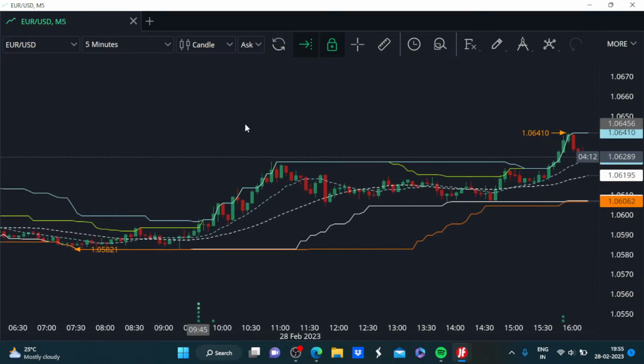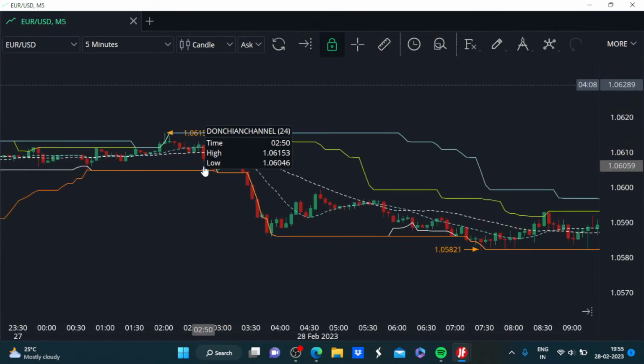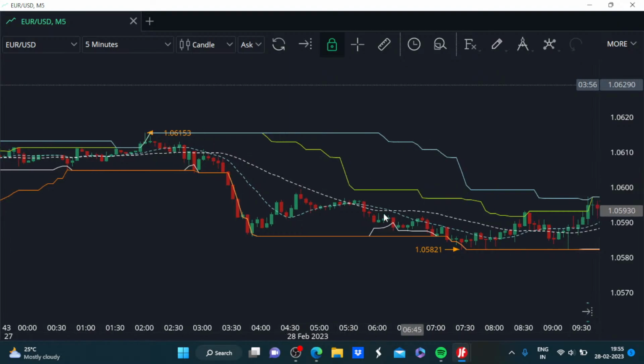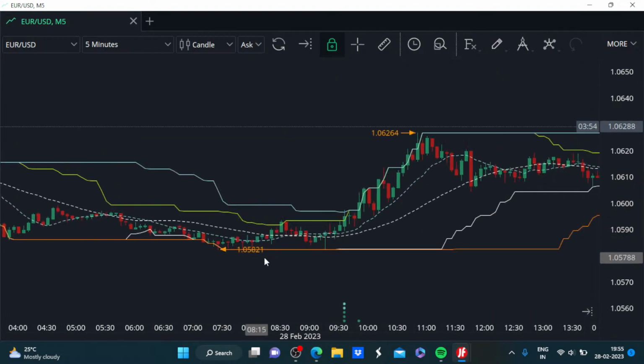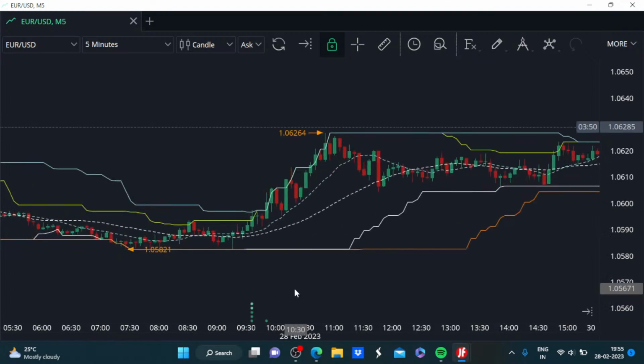If we consider the Euro USD charting pattern for today's session, earlier in the day it started closer to 1.06, but it couldn't really hold on to those levels, and we saw a decline of around 30-35 pips, where it made a low just slightly above 1.058.